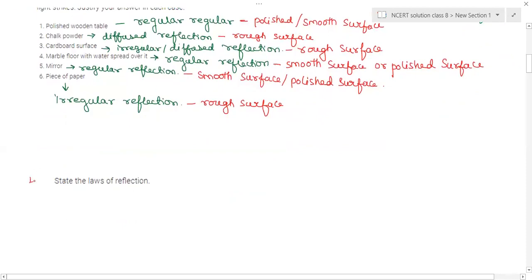Now the fourth question. State the laws of reflection. See, the sequence of laws has been written differently in a few textbooks, but the laws remain the same. There are two laws of reflection.